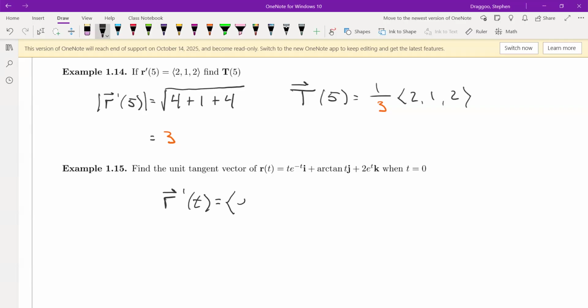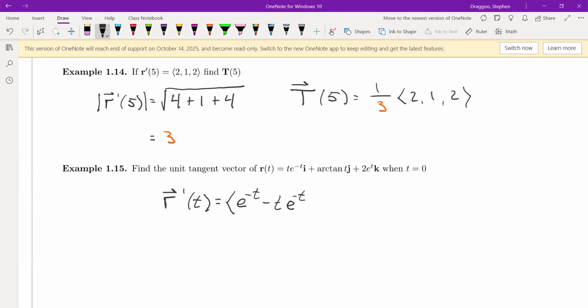Derivative of t e to the negative t is going to be e to the negative t plus negative t squared. Oop, stop. Come back, t. Wait a minute, that's not right. It's just negative t e to the negative t, right? If I take the derivative of e to the negative t, that's negative e to the negative t, multiplied by the t that's already there. I think I just get that.